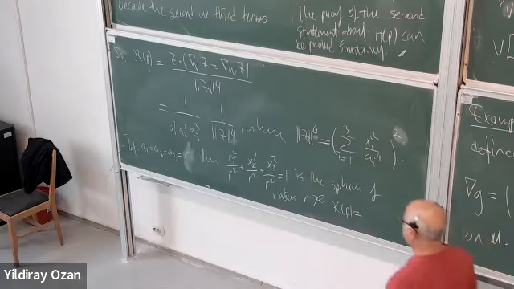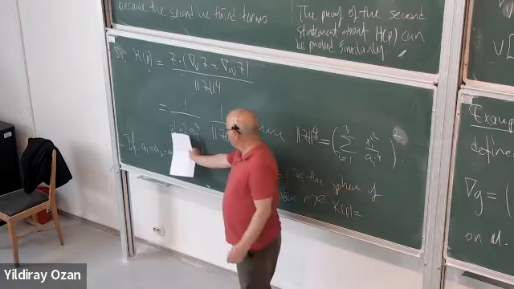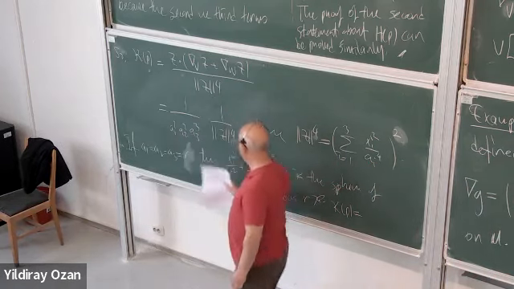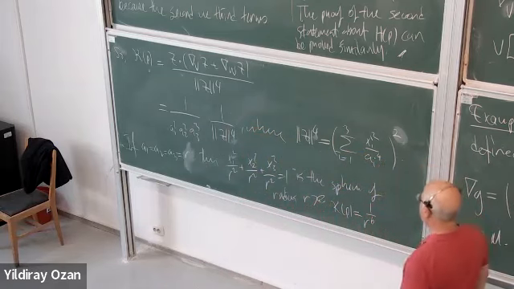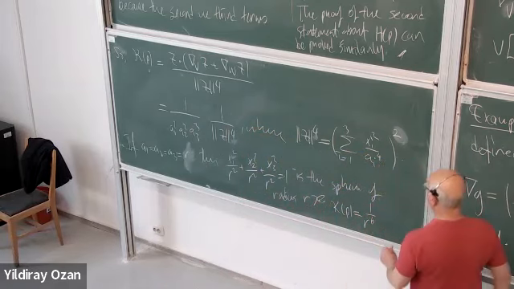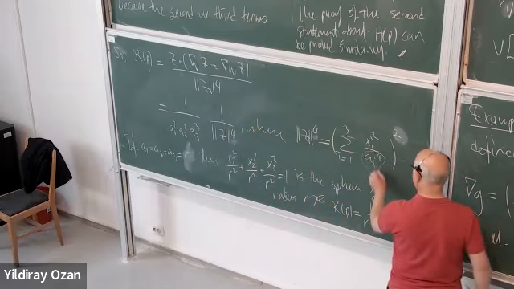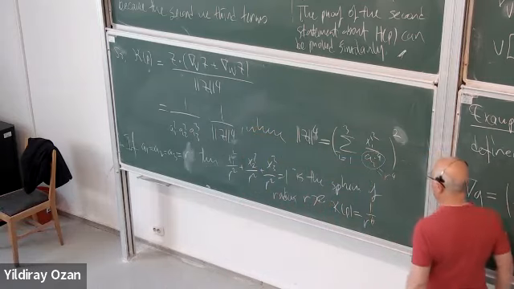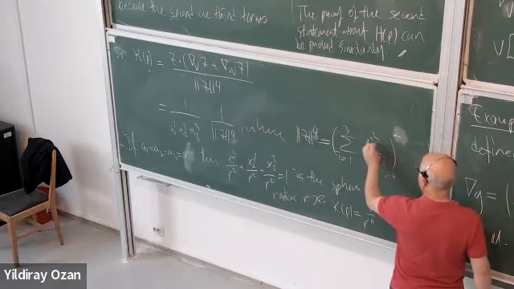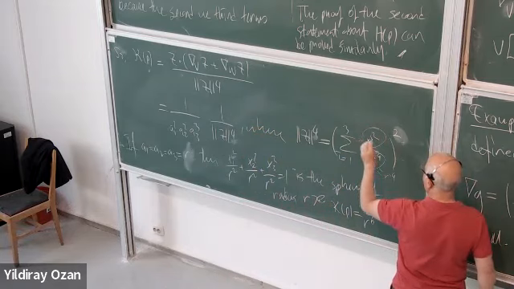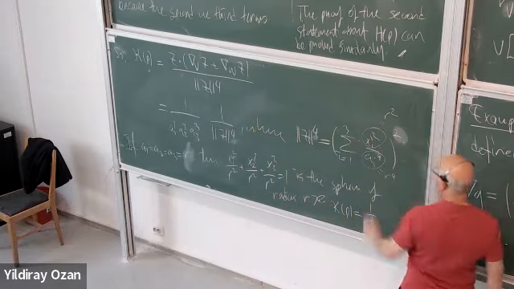Now these are both r's, so I have 1 over r to the power 6, and then here these are also r to the power 4, and then I have squares of xi's. The sum of squares of xi's is just r squared.